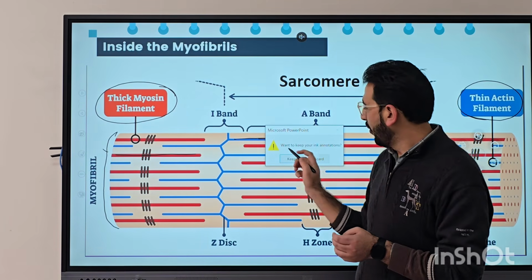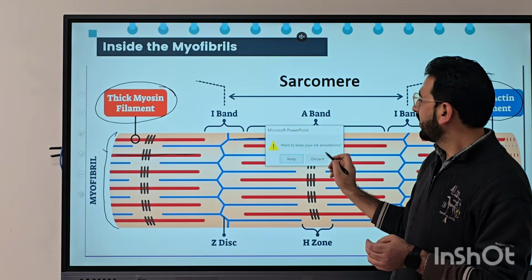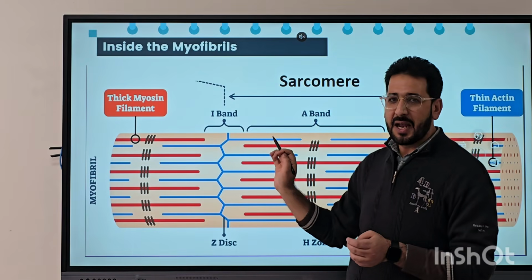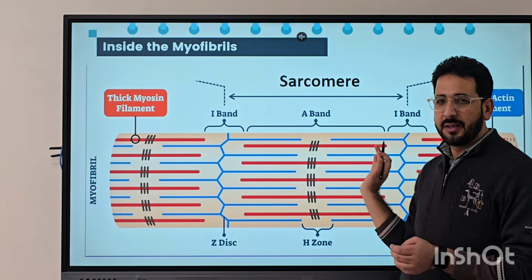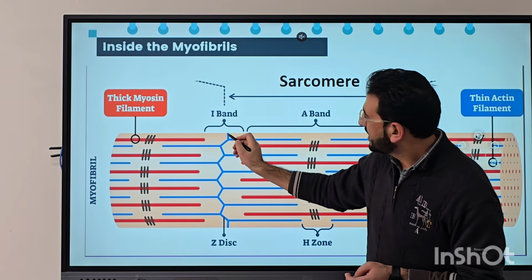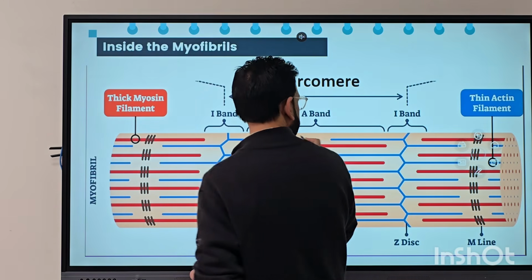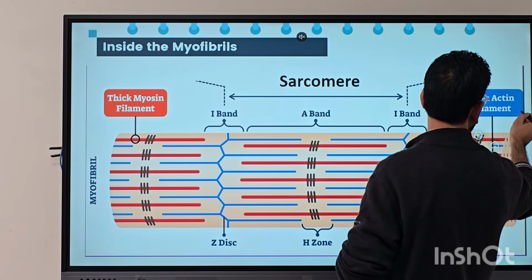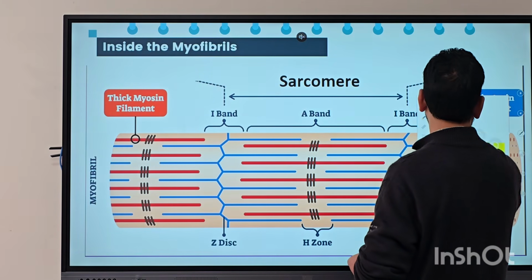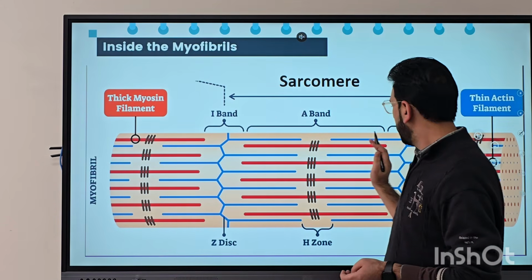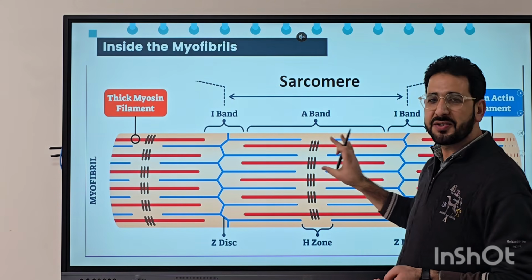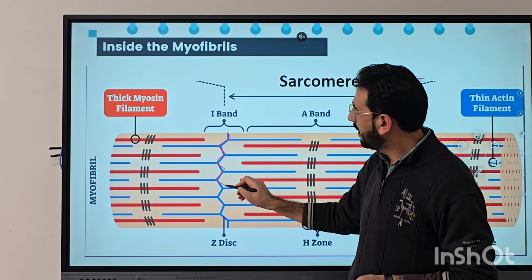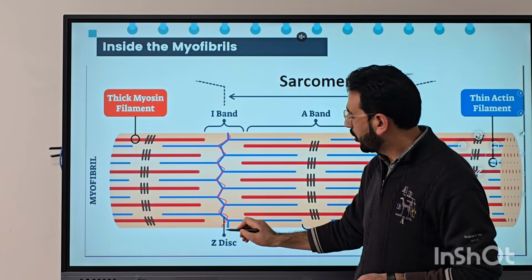Now, I've already told you in the previous slide that inside this myofibril, inside this rod-shaped structure, we have these compartments, and these compartments are these zigzag lines, and these zigzag lines are going to be the Z discs.